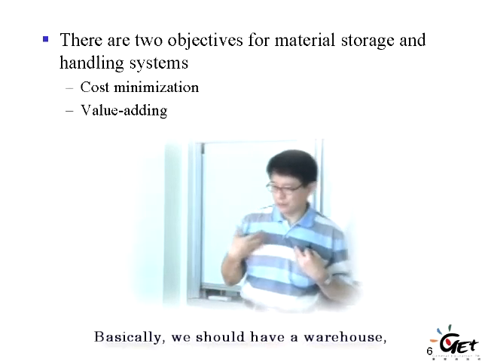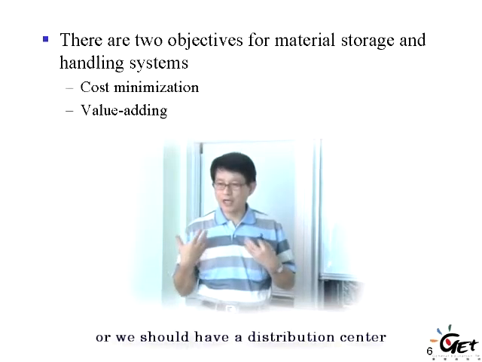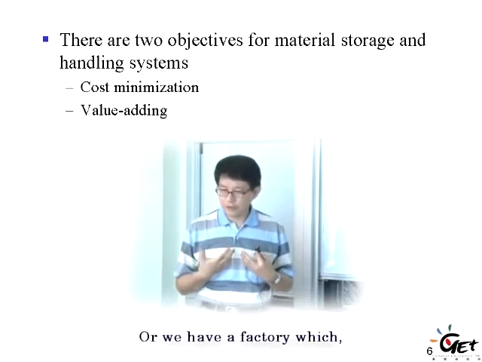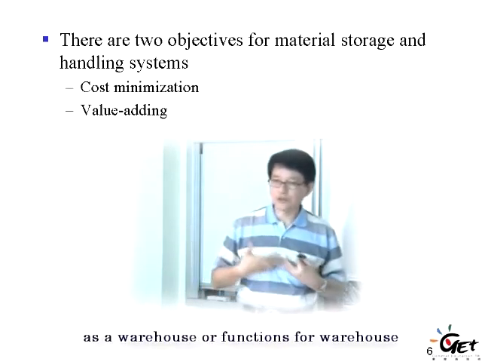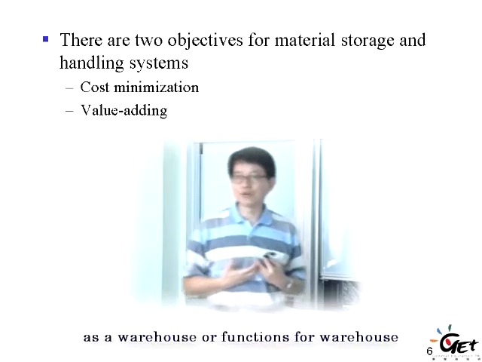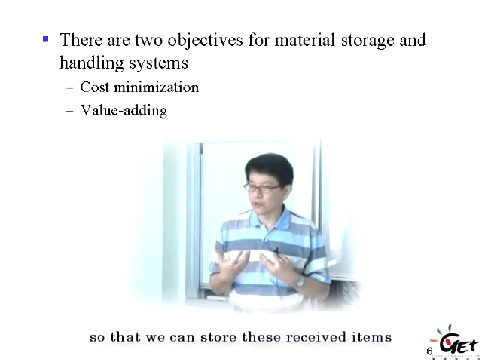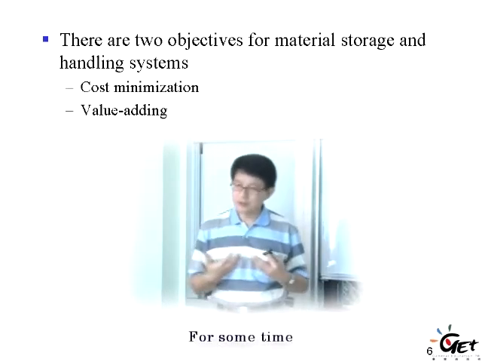Basically, we should have a warehouse or a distribution center. We have a factory which has a warehouse or the warehouse functions, the places so that we can store these received items for a few days, so for some time, right?